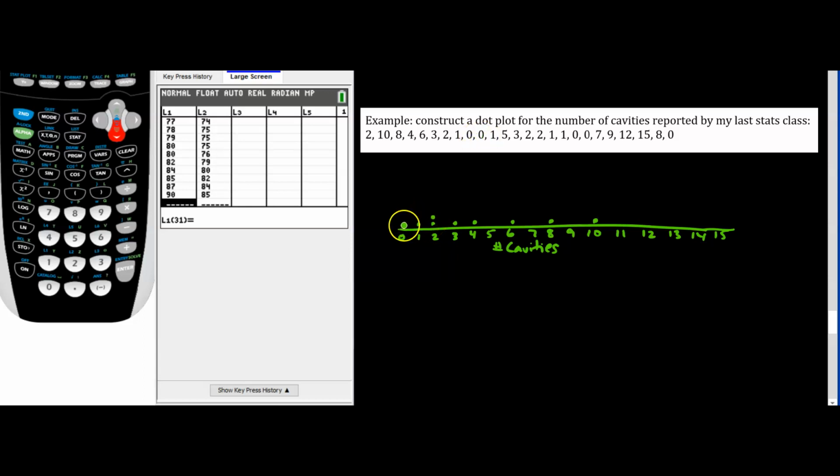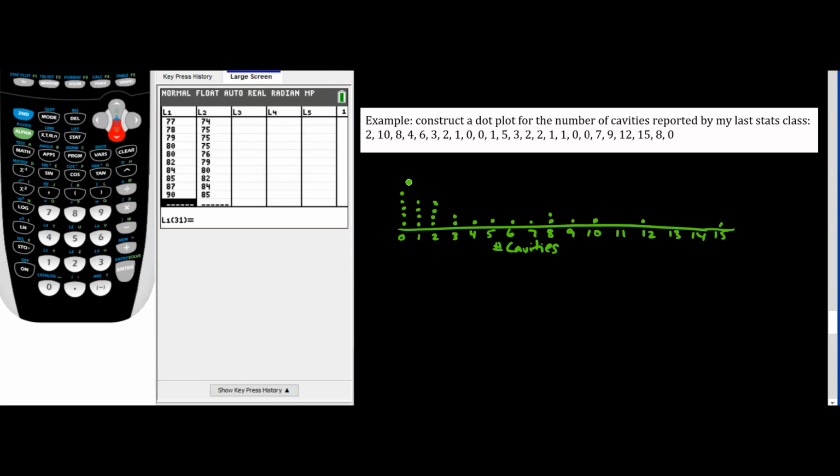And then I've got 2 zeros. I've got another 1. I've got a 5, a 3, a couple more 2s, a couple more 1s, a couple more zeros, and then a 7, and a 9, and a 12, and a 15, and an 8, and one final 0.